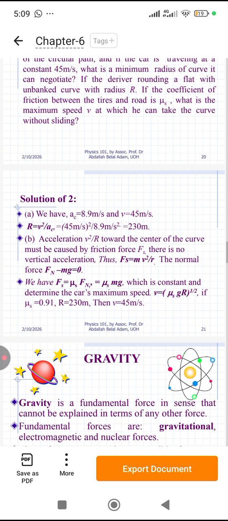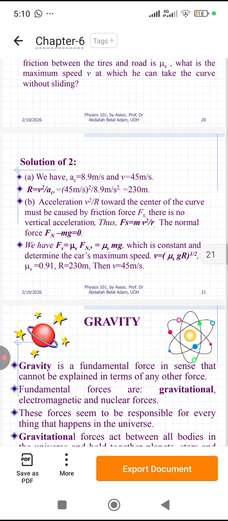The normal force Fn minus mg equals 0, where F_s equals mu_s Fn equals mu_s mg, which is constant, and determines the maximum speed v equals the square root of mu_s g r.